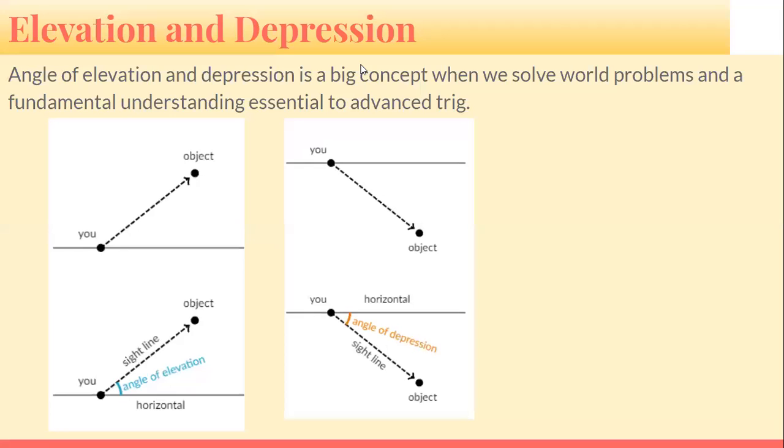Application of trigonometry, okay? Elevation and depression. The angle of elevation, as you would know, is basically the angle at which a thing is going up from a flat surface. And the angle of depression is the angle at which a thing is going downwards from a flat or smooth surface, as you can see here.